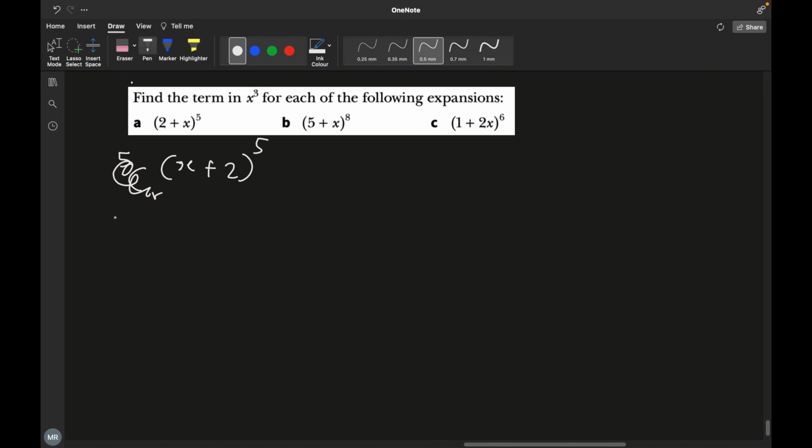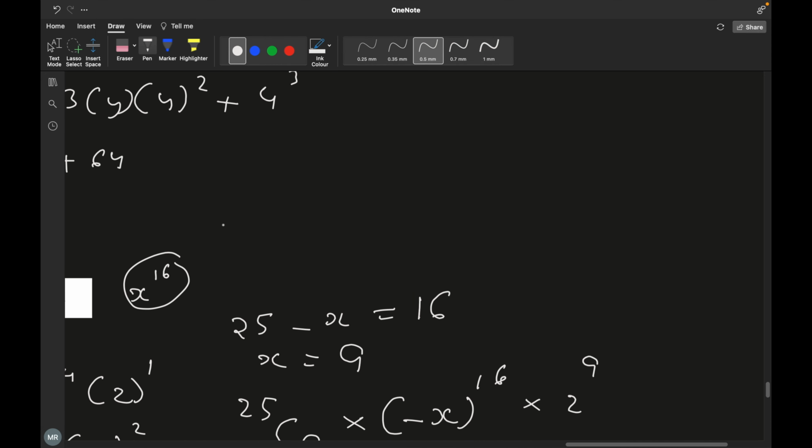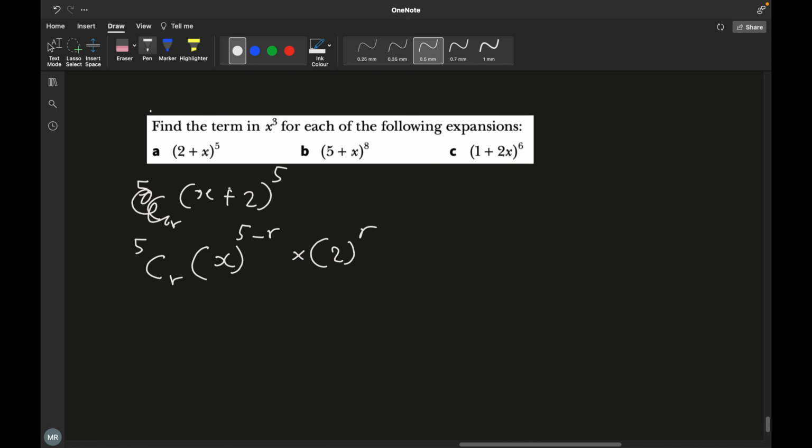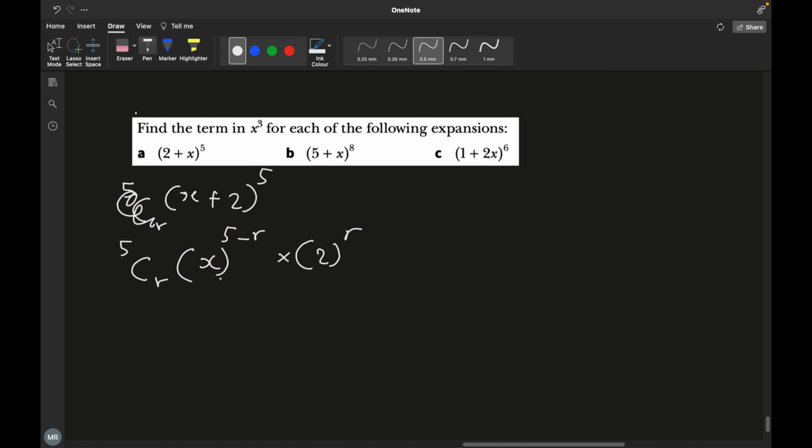So therefore, we know that 5cr into, let's say, x to the power of 5 minus r multiplied by 2 to the power of r. This is literally what we learned in the previous example, right? So now let's use the same concept to make this a lot simpler. So we know that the term must be to the power of 3.